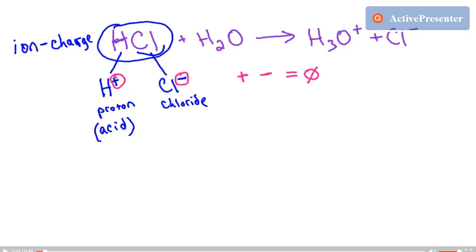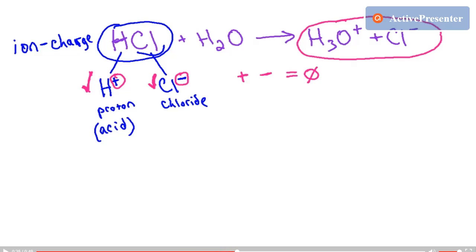So when you break apart hydrochloric acid, it breaks up into its own ions. And an ion means a charge, positive or negative. So we have a positively charged hydrogen and a negatively charged chloride. So that's going to be reflected on the right side of the yield arrow.